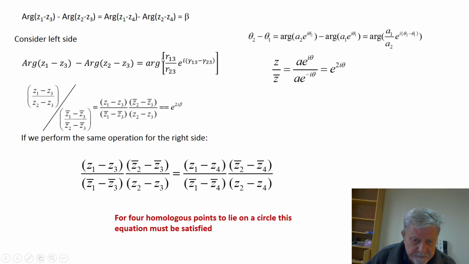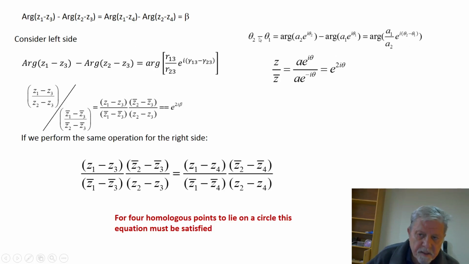Next, if I take this vector, call it Z, and divide by its complex conjugate, A e to the i theta over A e to the minus i theta, it is equal to e to the 2i theta. So what I do is, this argument is Z1 minus Z3 divided by Z2 minus Z3.